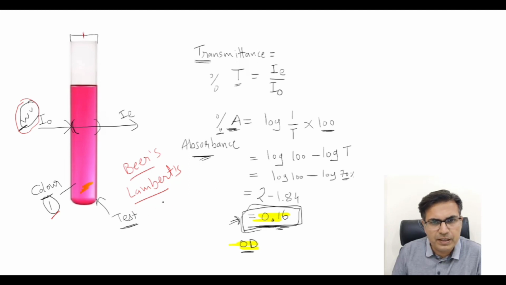We have to measure the plasma glucose level, and we have converted the plasma glucose into a colored compound, and we have one OD of the test solution.